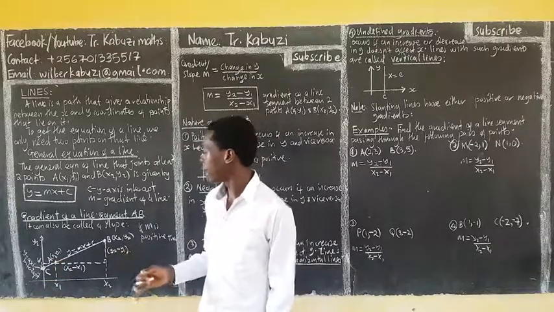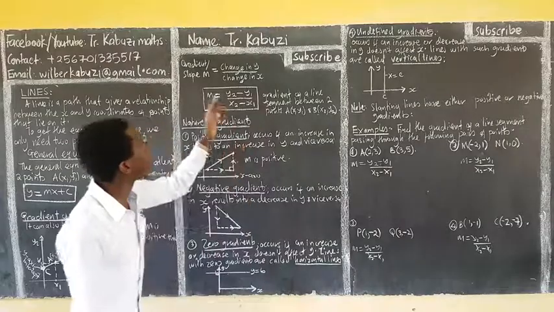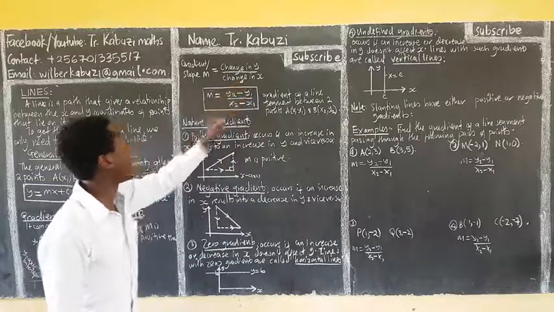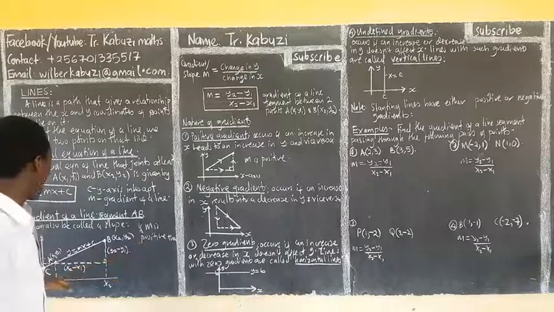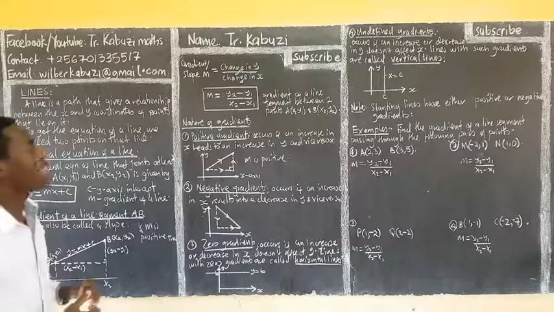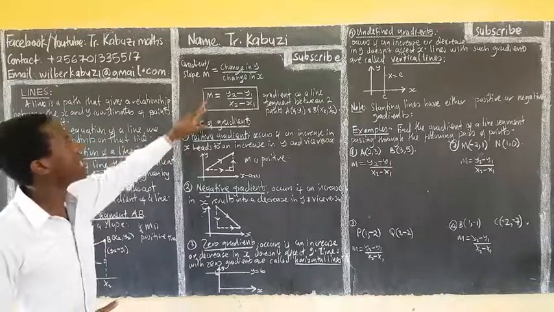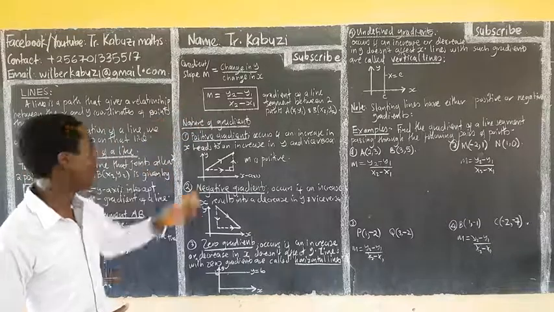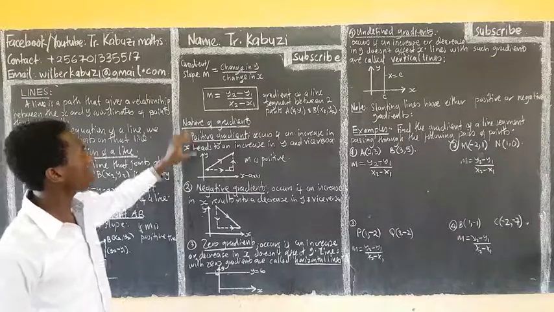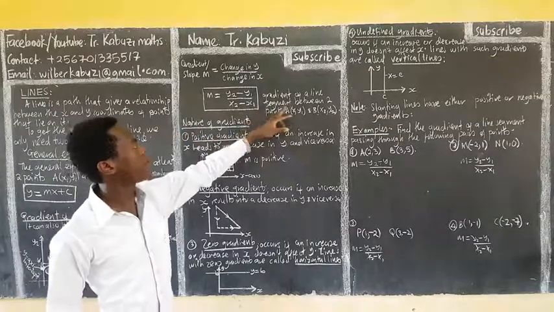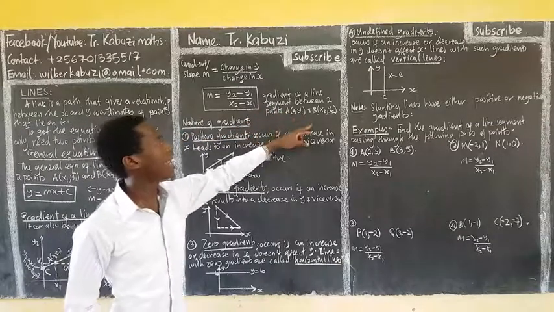So that's how we get the slope. Now the slope is given by change in y over change in x. We have seen that change in y is y2 minus y1, and change in x is x2 minus x1. Now, this m is the gradient of this line. As you see, I wrote it in a general form, for the gradient of a line segment between 2 points A and B.